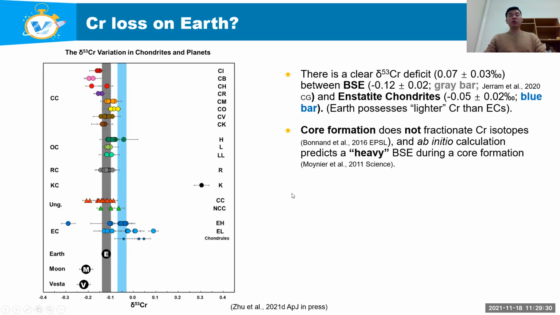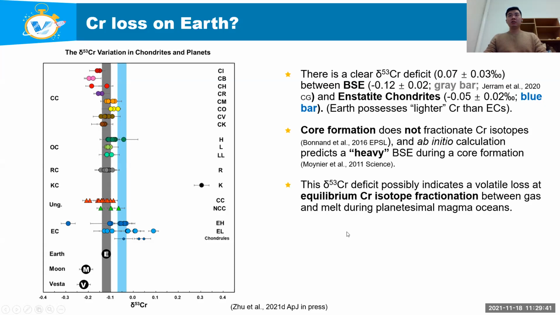Previously, we have already known that core formation does not fractionate chromium isotopes, which is also consistent with the RB initial calculation. And finally, we interpret this delta 53 chromium deficit as possibly caused by a volatile loss with equilibrium chromium isotope fractionation. And this is similar to the Vesta and the Moon story.